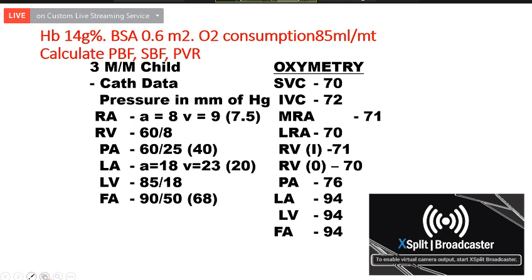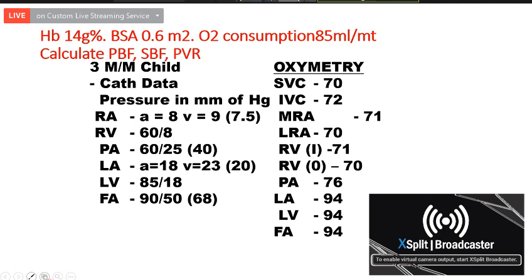3-month-old male baby. Somebody else can try. Seniors. So pulmonary artery saturation is less than aorta saturation, so it's not a transposition. Then you're going in a very unusual pattern. Okay, right, yes, sir. Then SVC, IVC is 70.